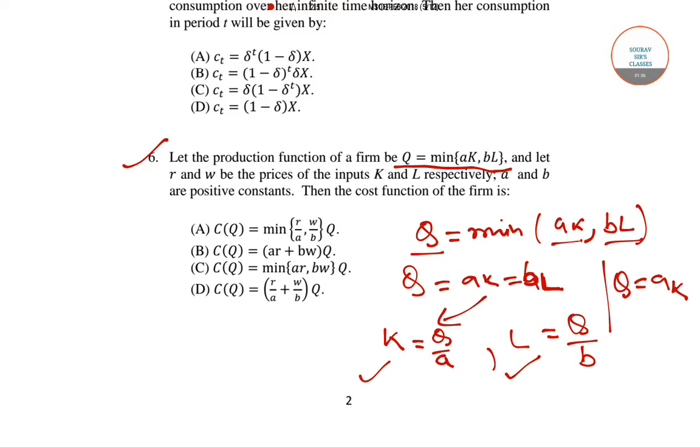Now we know the cost function equation is given by WL plus RK.